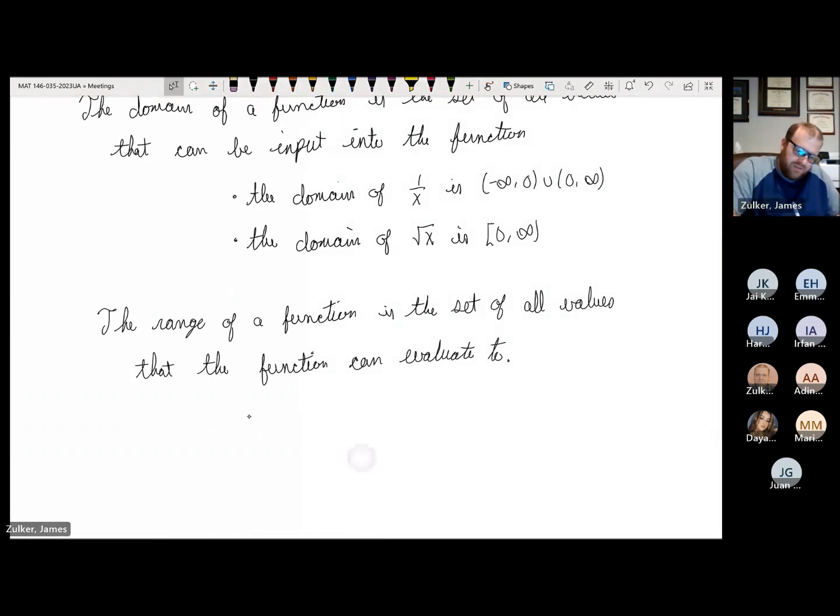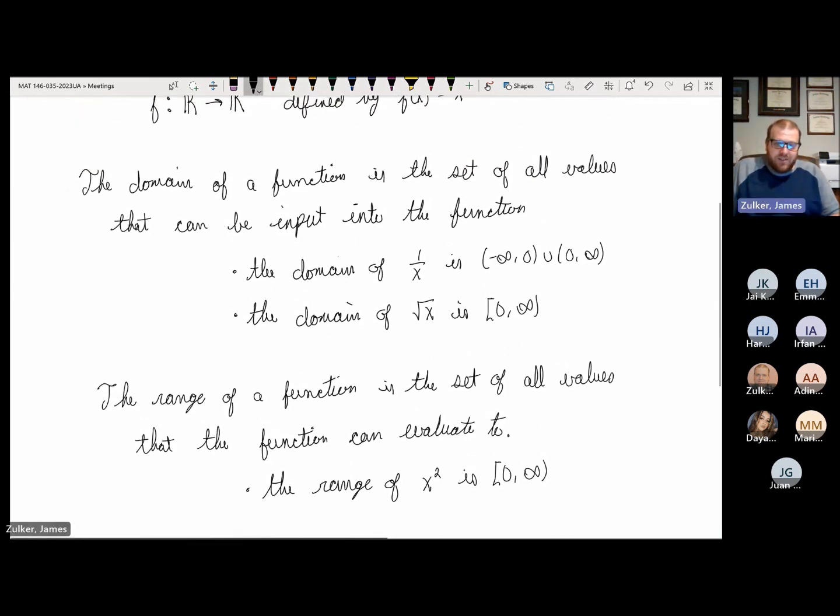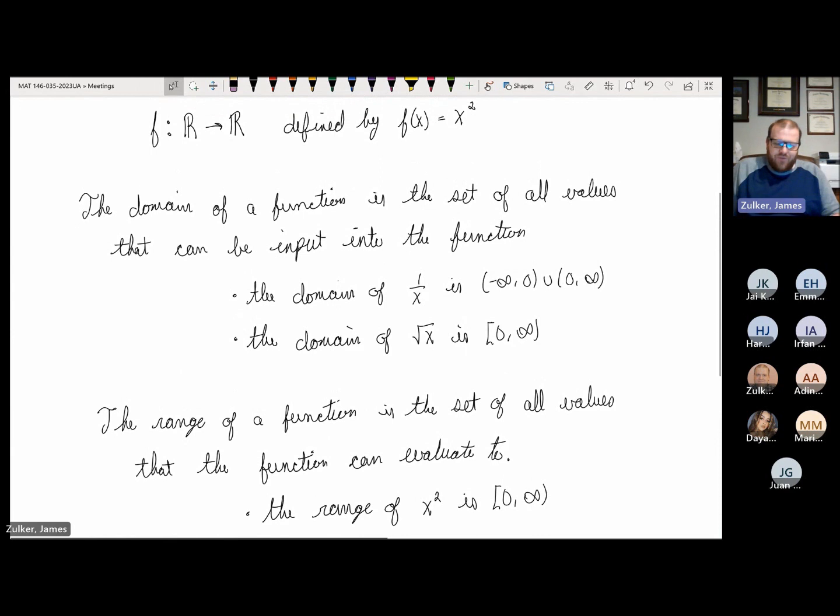So for example, the range of x squared is all non-negative real numbers. Right? So it'd be 0 to infinity. Notice that the range and the codomain do not have to be the same.